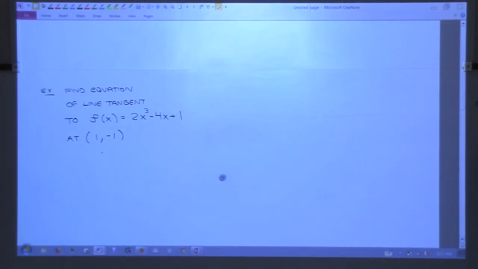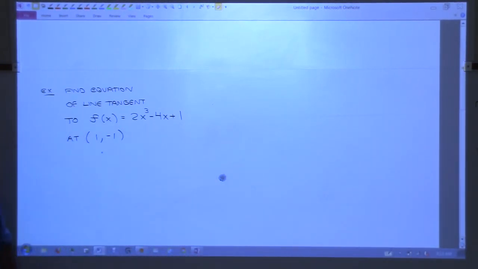I'm just going to write these over here. And the other one was y minus f(a) equals m tan (x minus a). Those are the two formulas we'll be using.